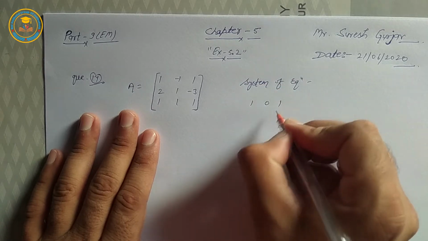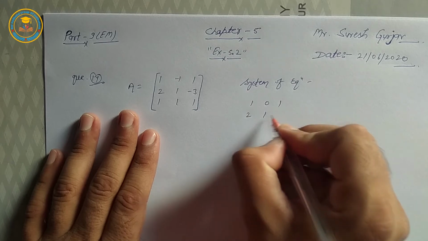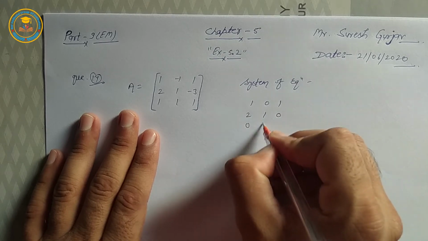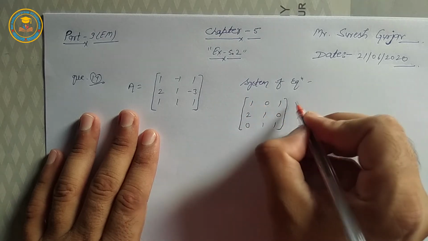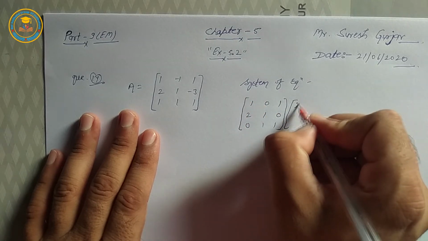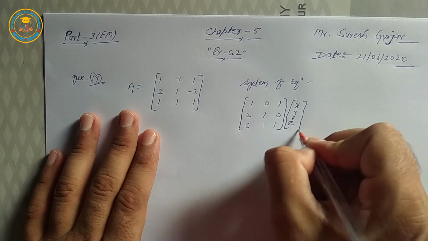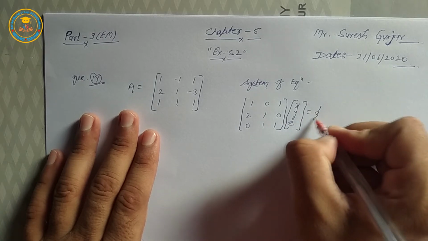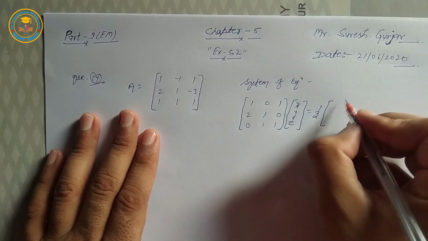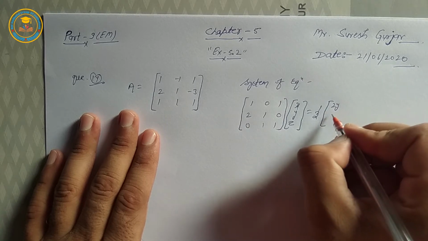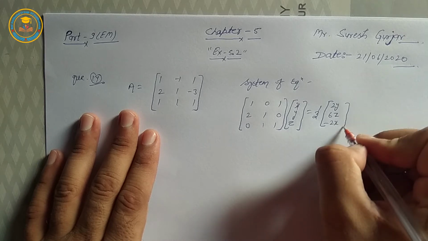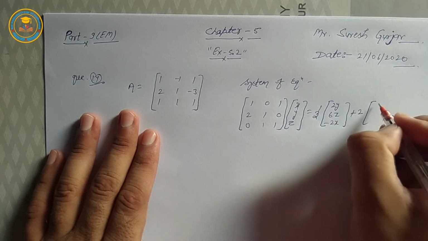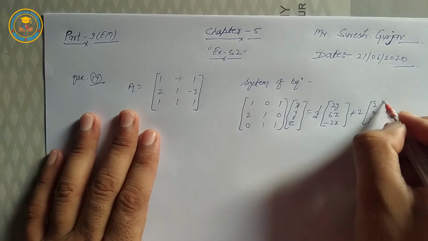[1 0 1; 2 1 0; 0 1 1] into [x y z] is equal to 1 by 2 [2y, 6z, minus 2x] plus 2 into [2 0 1].